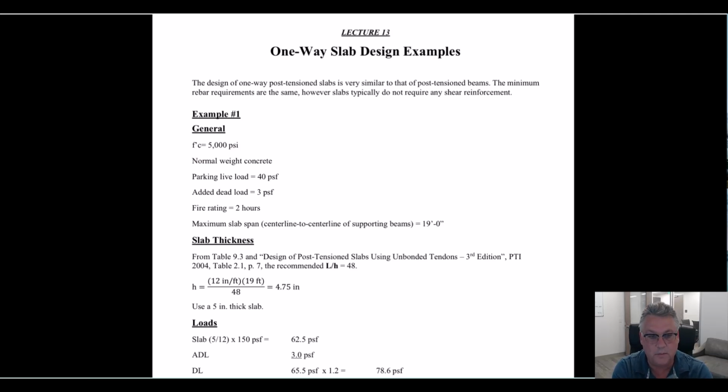Parking, apartments, condominiums, hotels, office buildings, medical facilities. Those will effectively all be, or are these days, all done in a two-way flat plate slab. So one-way slabs and beams are almost exclusively used in parking these days.